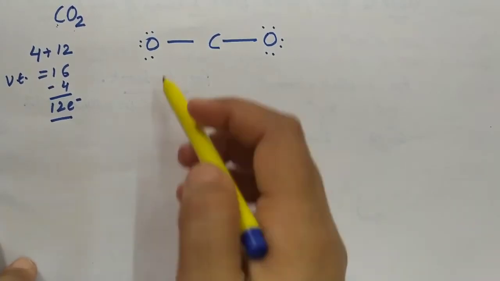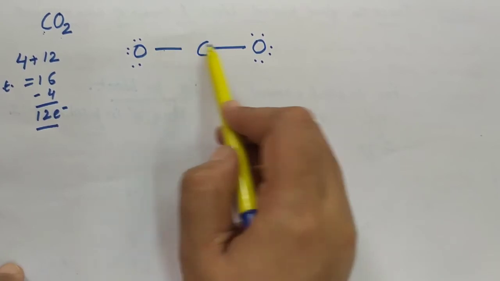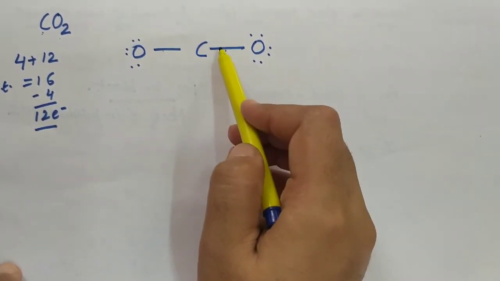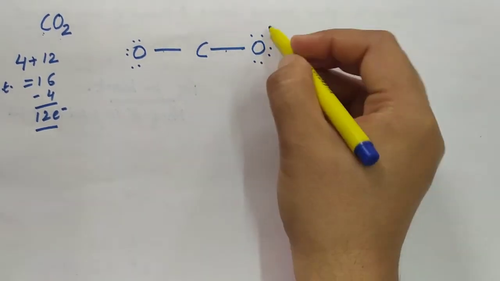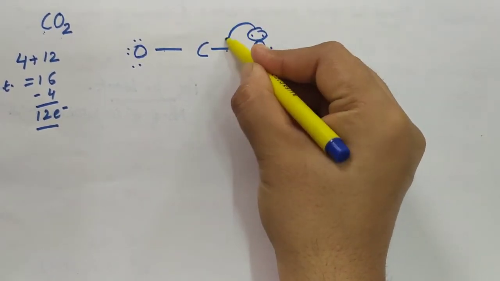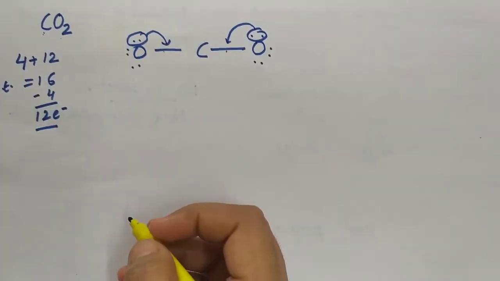Now the octet of both oxygens is complete, but carbon has only 4 electrons. To complete its octet it needs 4 more electrons. So these 2 electrons shift over there as a bond, and these 2 electrons shift over there as a bond.